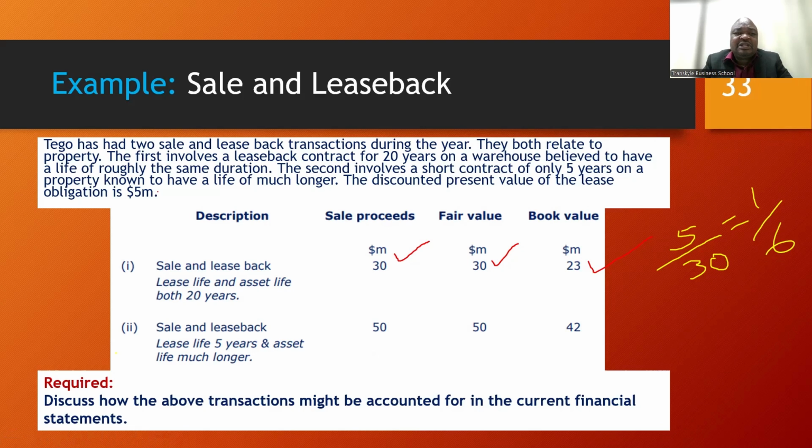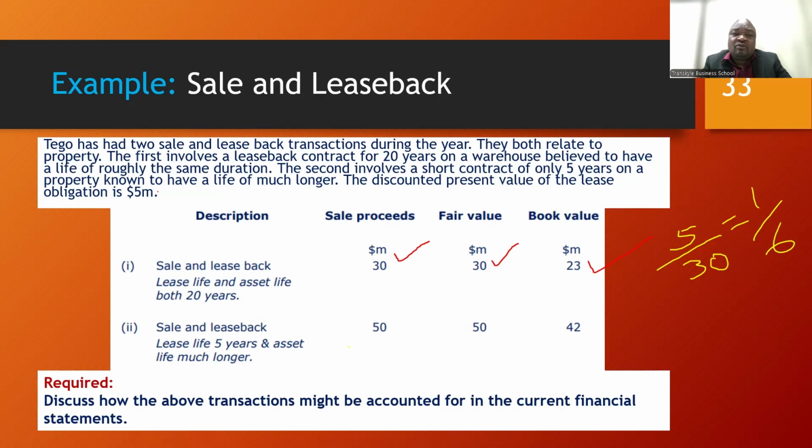What about situation number 2? Here it's a 5-year lease, and this asset is said to have a life which is much longer than the one above. So this could actually be a genuine business arrangement. So the obligation could be justified here, 5 million for 5 years.